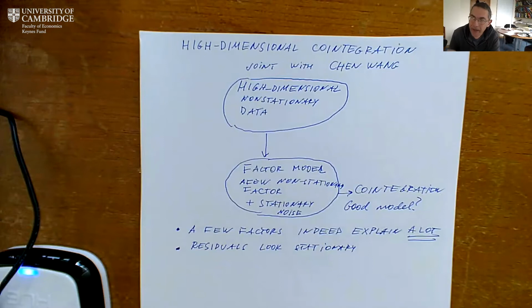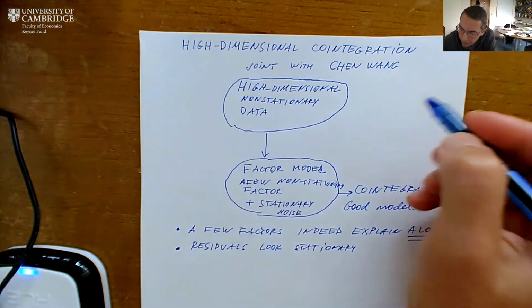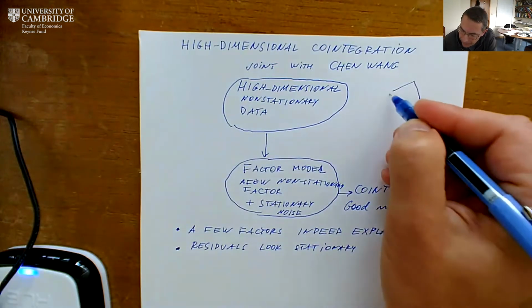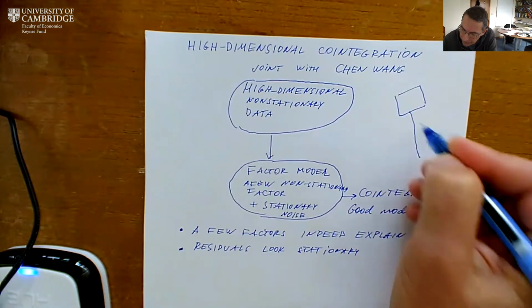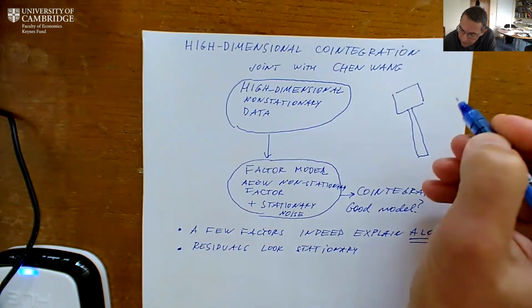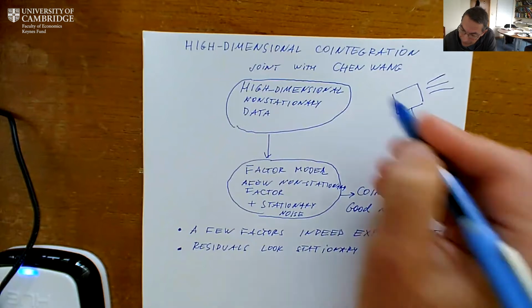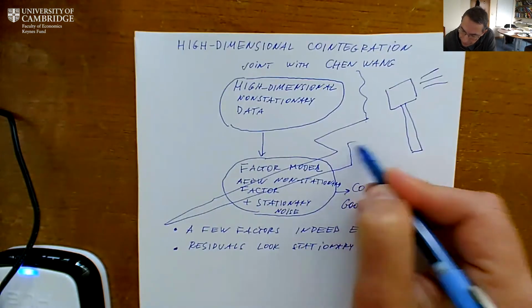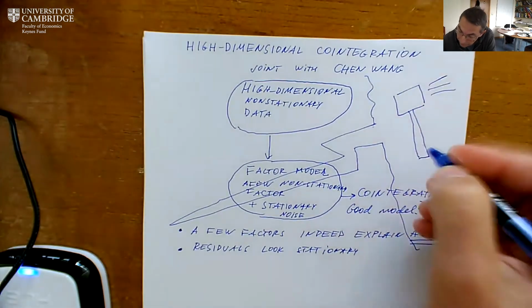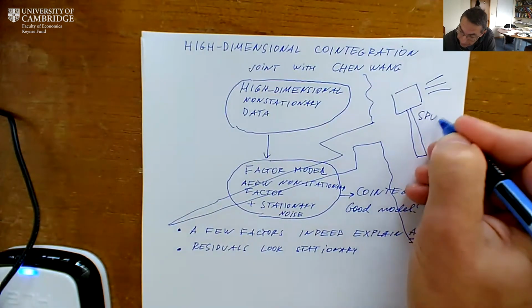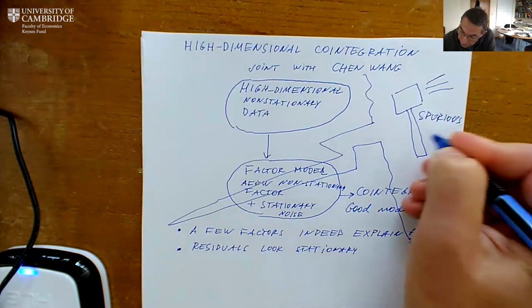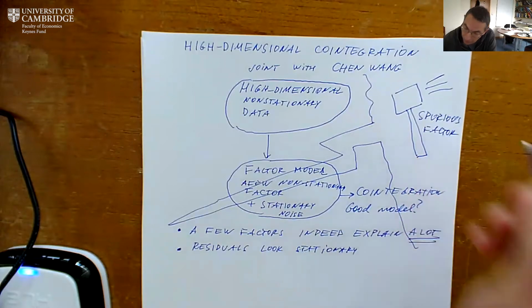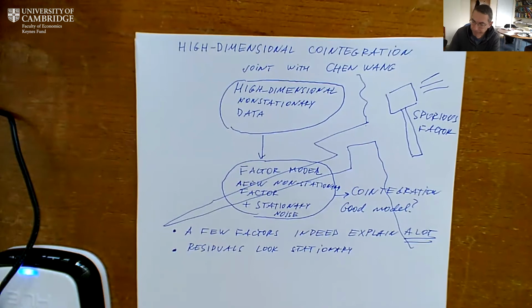We wanted to better understand this argument, and we found out that actually all this nice picture is easily destroyed. I'm trying to depict a hammer here. The nice picture is completely destroyed by the following thing, which we call spurious factor, or spurious factor analysis.